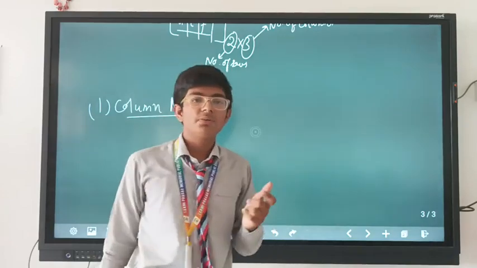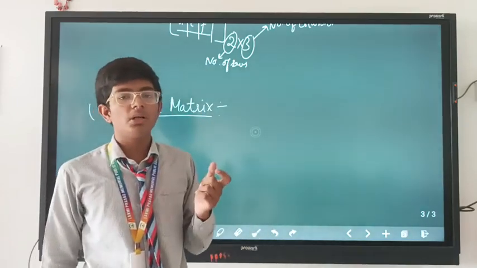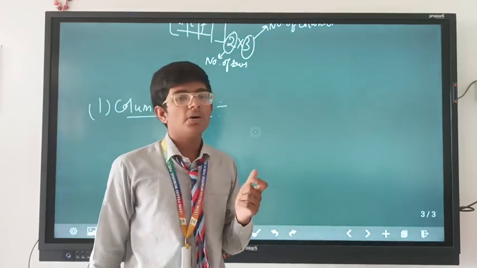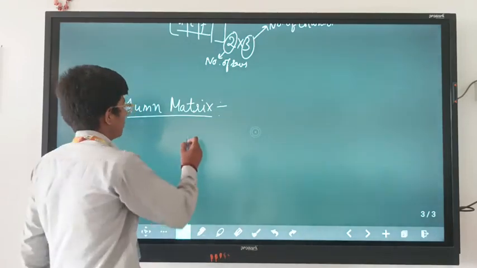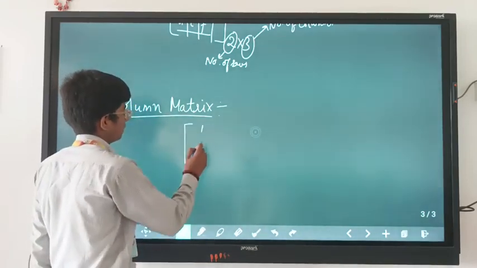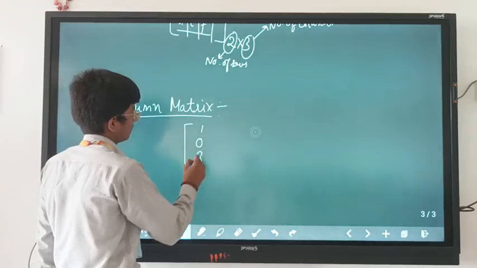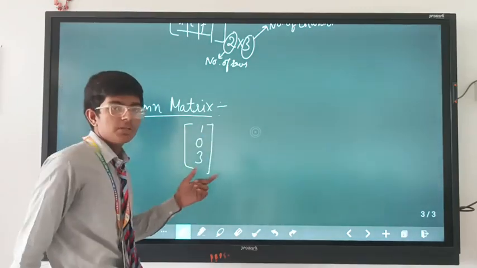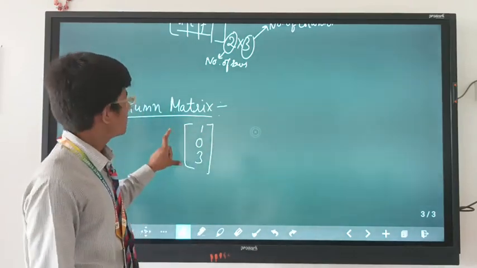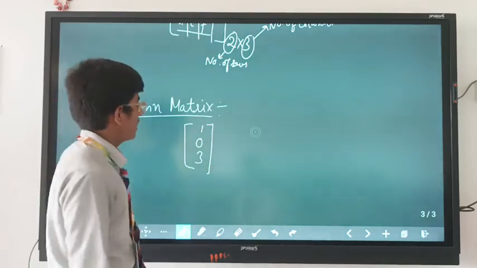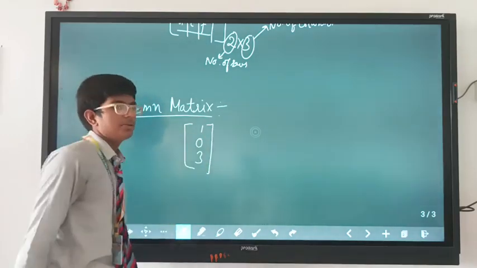If a matrix contains only one column carrying all its entries, then it is called a column matrix. Here we have only one column as its entry, and this is an example of a column matrix.